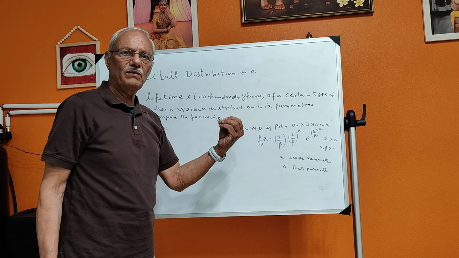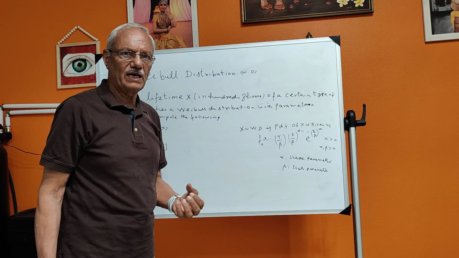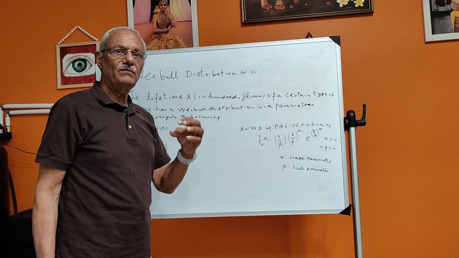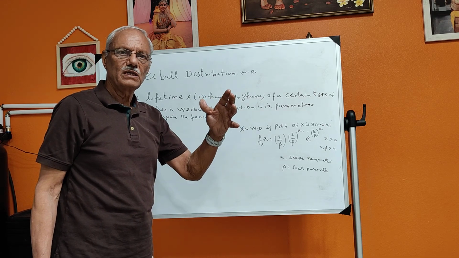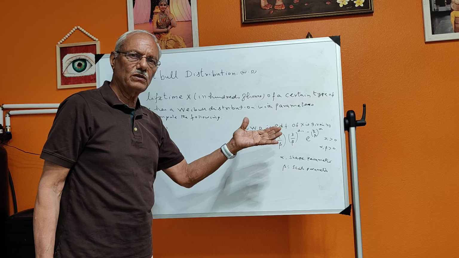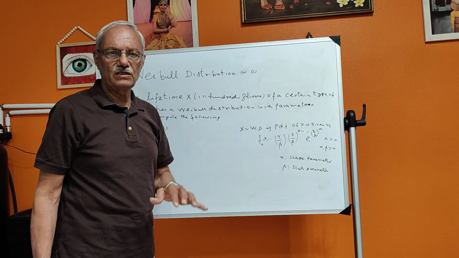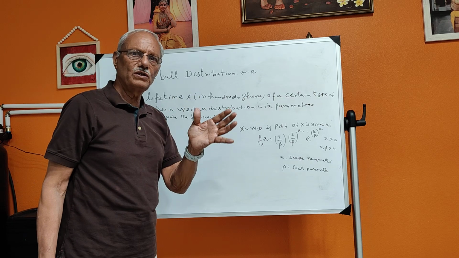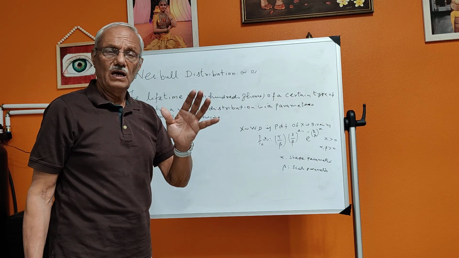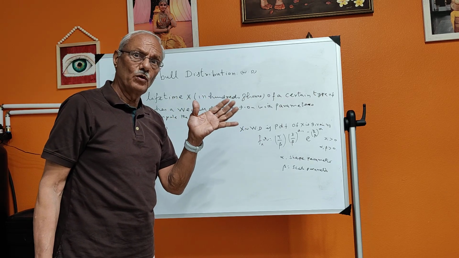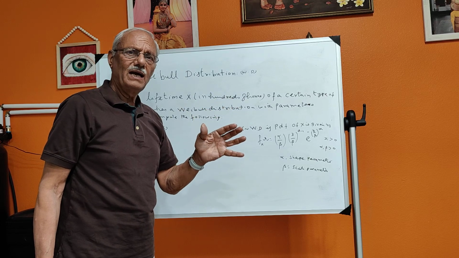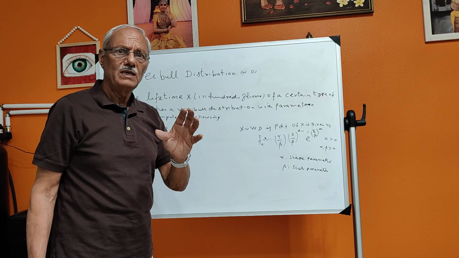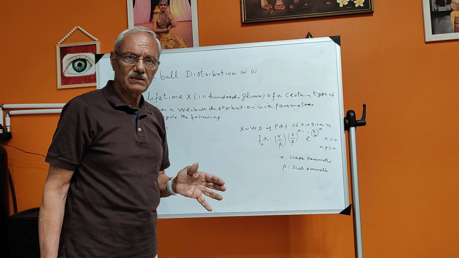Now, I have taught some 4 or 5 distributions. As we have done in the discrete distributions, we have seen binomial distribution, Poisson distribution and geometric distribution, and for those we have found the mean and variance.